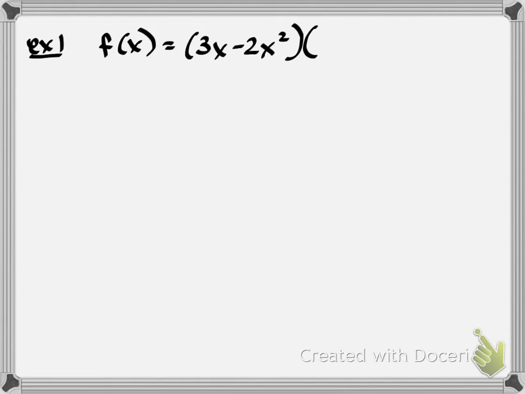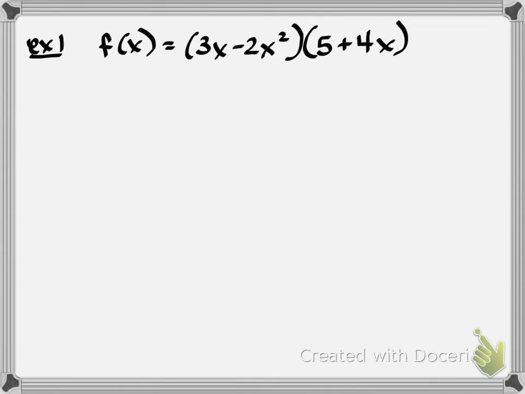So let's use the product rule to find the derivative. So we're all over the place because example 1 is actually product rule. So if f of x is 3x minus 2x squared times 5 plus 4x. Okay.